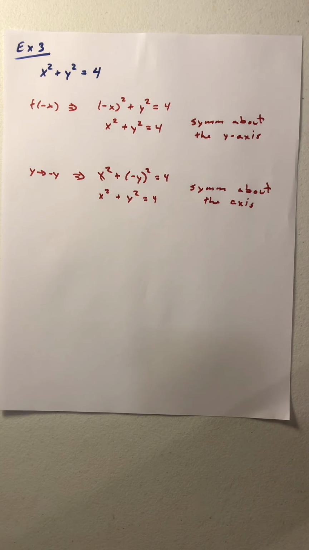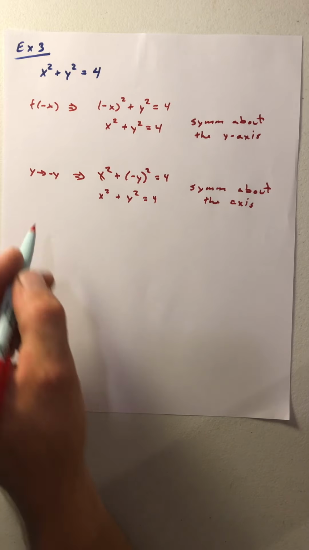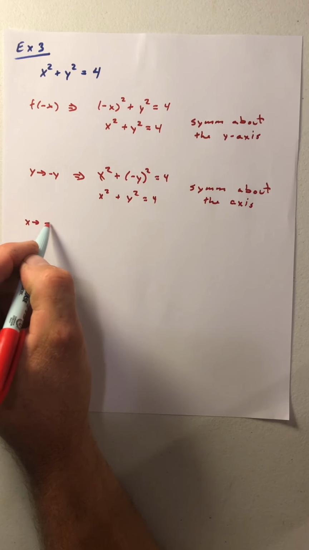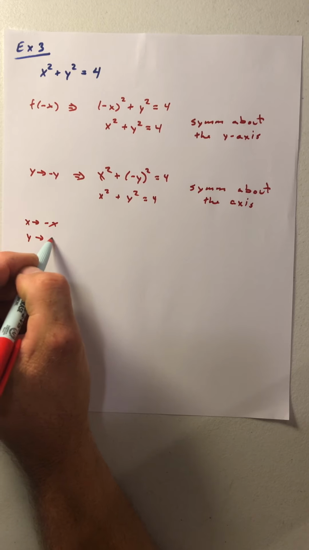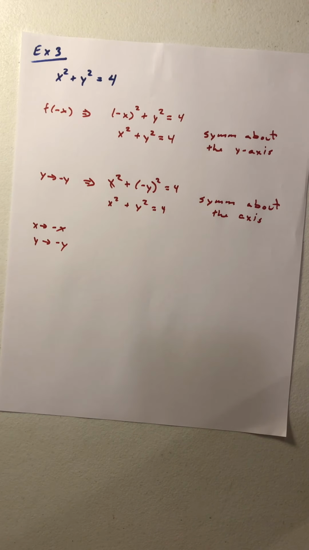And then the origin. If we think about the origin here, we know that f of negative x is going to equal the negative of f of x as well. So does that work with this one? Since this isn't a function, it doesn't play into what I talked about earlier with finding f of negative x. So in this case, we actually have to take our x and replace it with negative x and our y with a negative y, since x squared plus y squared is not a function.